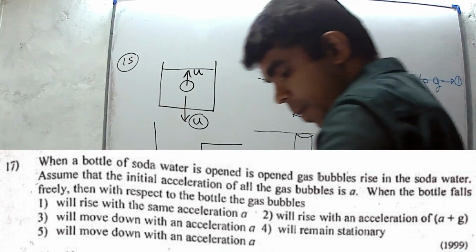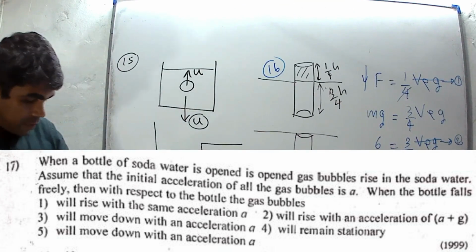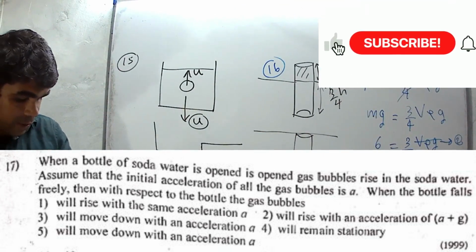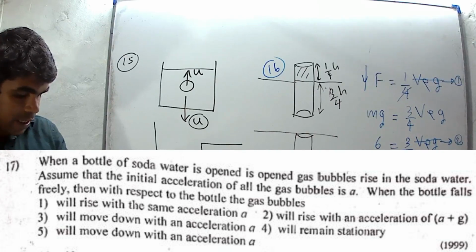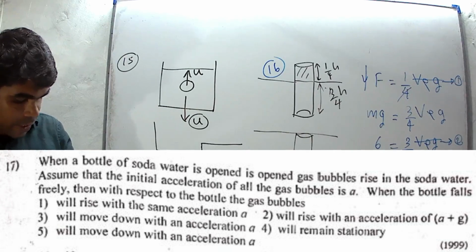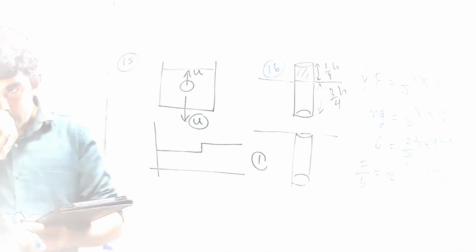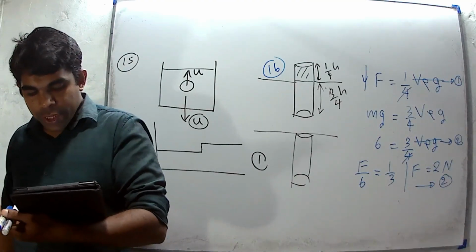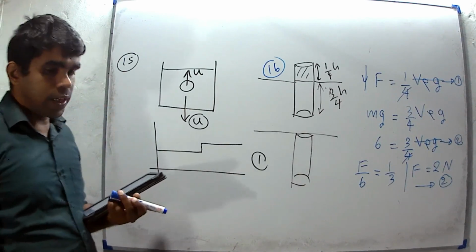Then 17. When a bottle of soda water is opened, gas bubbles rise in soda water. Assume that the initial acceleration of the gas bubble is a. When the bottle falls freely, with respect to the bottle we have to consider the motion of the gas bubbles relative to water.